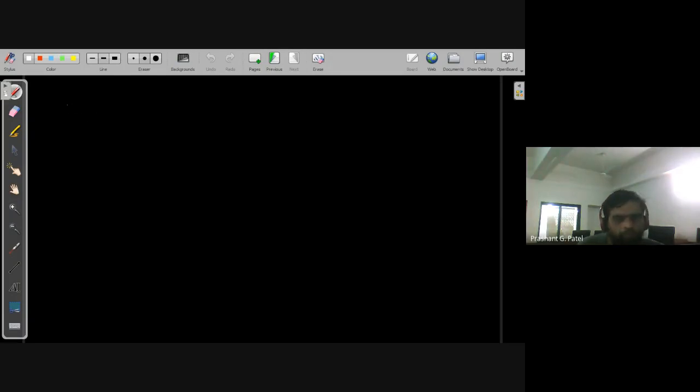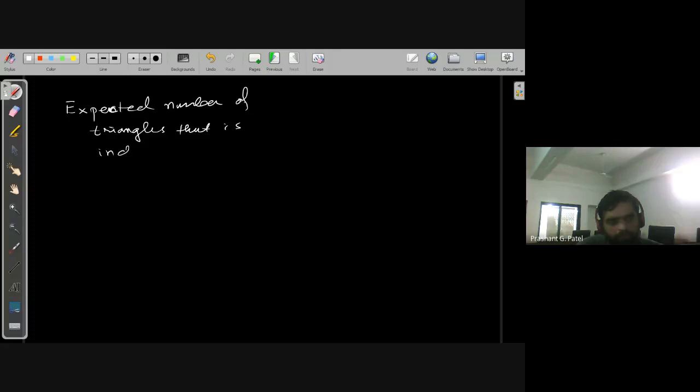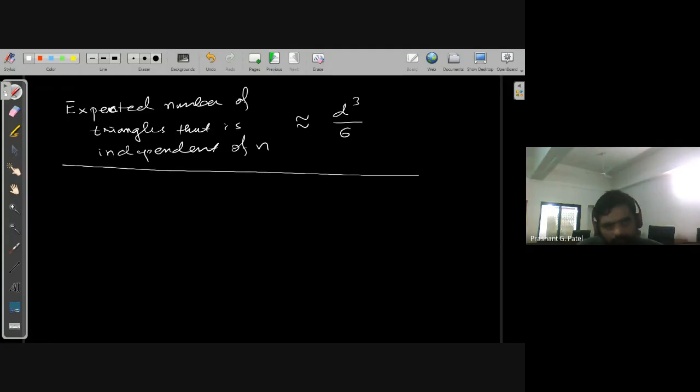The expected number of triangles is independent of n. This is what we are going to prove. The expectation is approximately d cubed by 6. This is our objective.